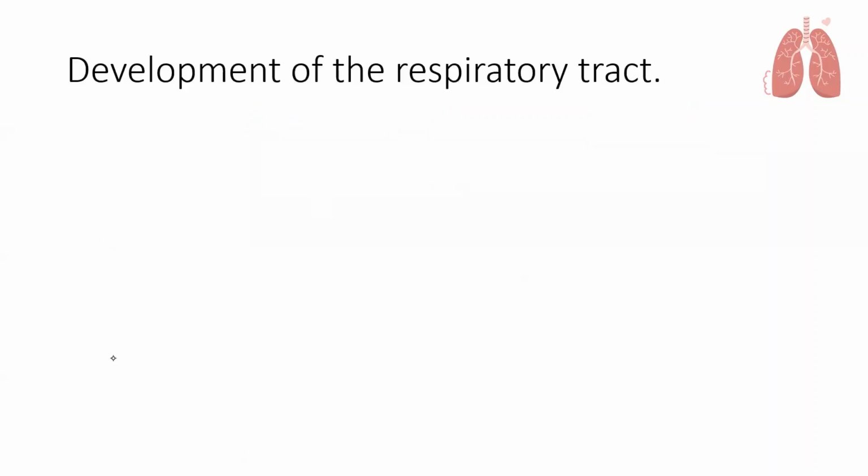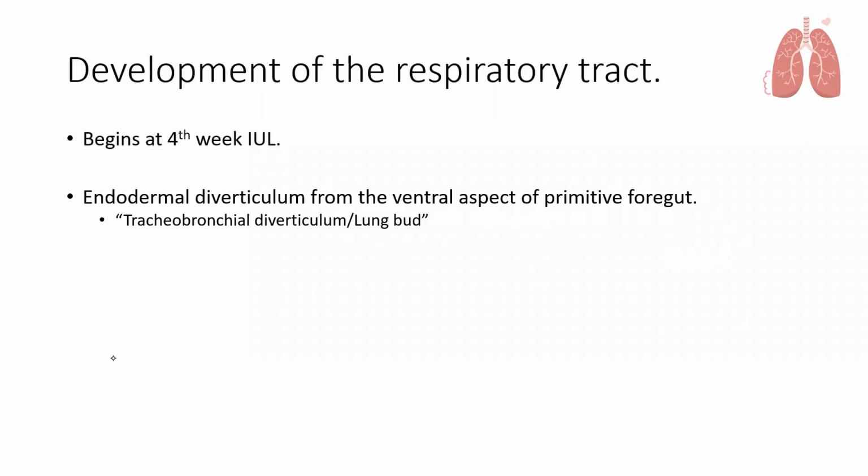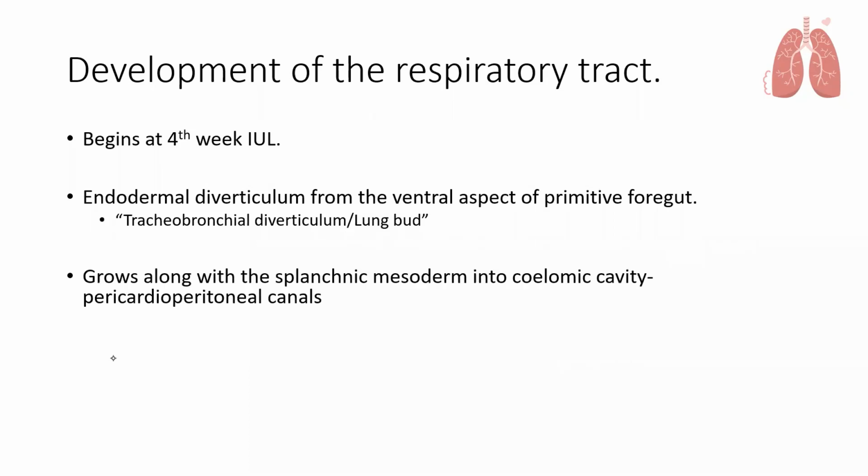So development of the respiratory tract. It begins at the 4th week of intrauterine life, and an endodermal diverticulum from the ventral aspect of the primitive foregut will develop into the respiratory tract, and it grows along its splanchnic mesoderm into the coelomic cavity.